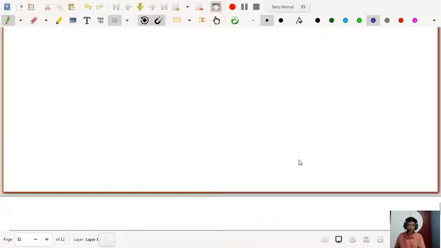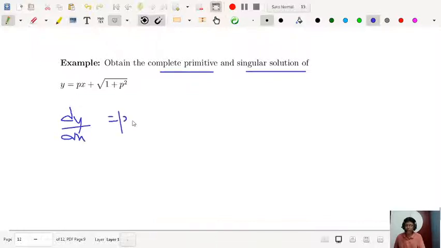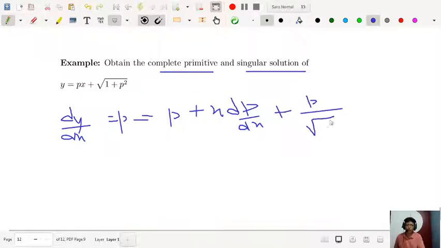Now let me show you another last problem here. y equal to px plus 1 root over 1 plus p square. Obtain the complete primitive and singular solution. Once again, this is in the Clairaut's form, y equal to px plus function of p. So let us differentiate: dy/dx equal to p plus x dp/dx, because you are differentiating with respect to x, plus p by root over 1 plus p square, by chain rule, into dp/dx.